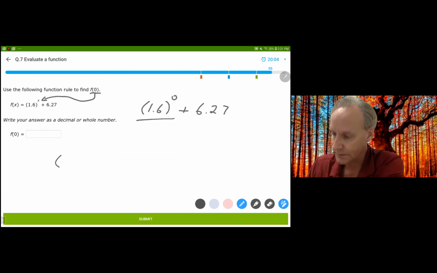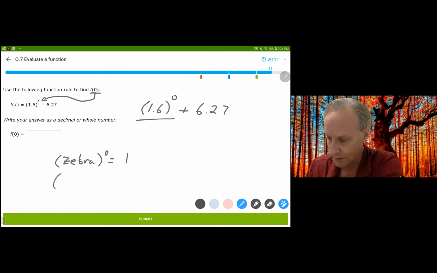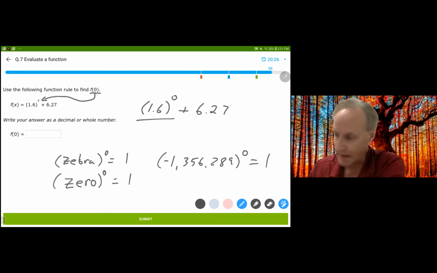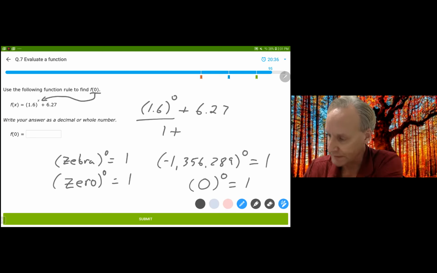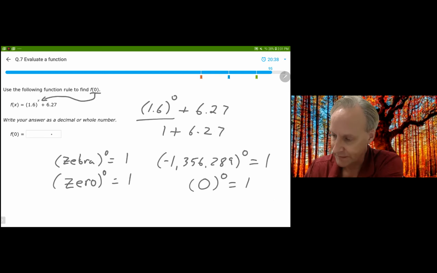You can take any number, and it's 1. It doesn't matter what value you're talking about, it's always 1, okay? So this is 1 plus 6.27, which is 7.27.